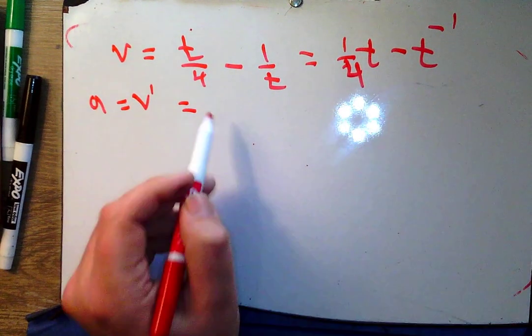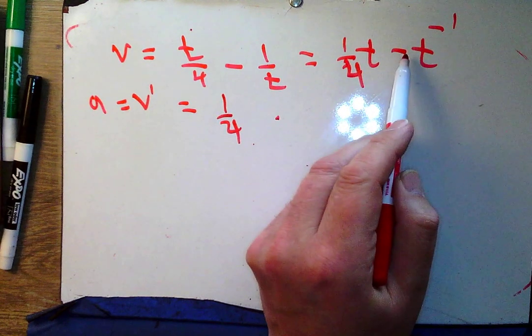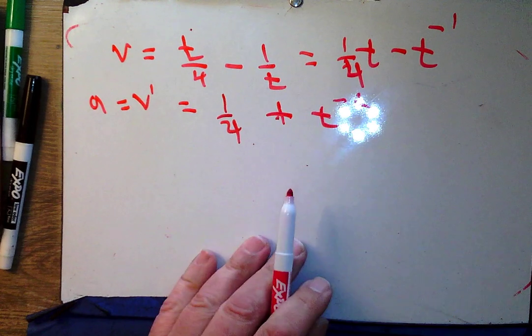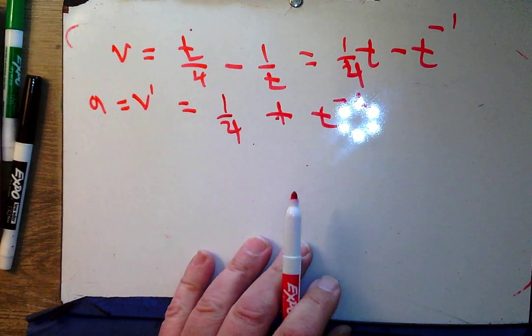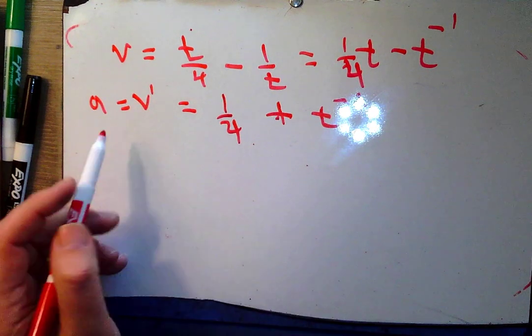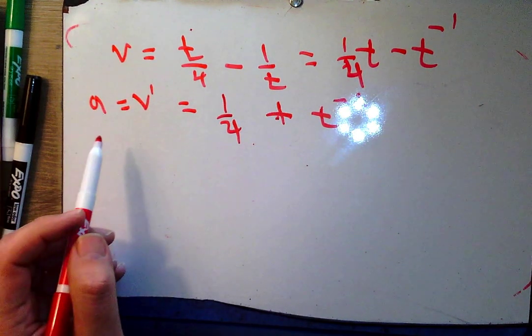And so the derivative here is 1/4, and I bring on that minus 1, minus times minus, plus t to the minus 2. So there is the acceleration function, and it says here, find the acceleration for any times when the particle is at rest.